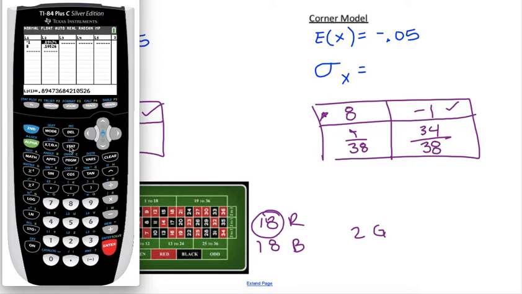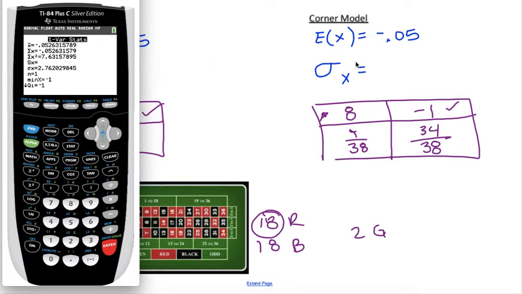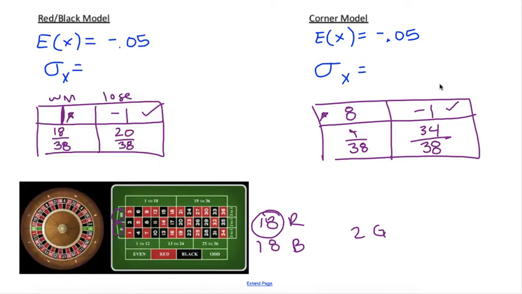So if then I go to stat, calculate, one variable stats, associating list 1 with list 2, this is my frequency list, and calculate. This confirms our nickel loss here, negative 0.05, and if we look down here, here's our standard deviation, 2.76.